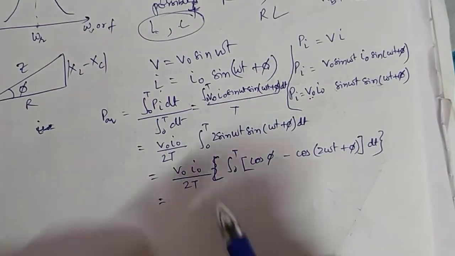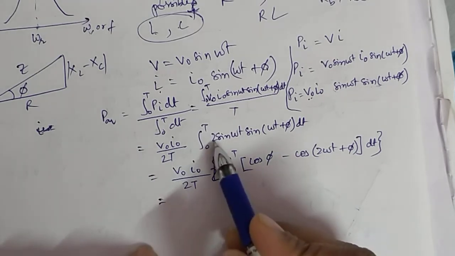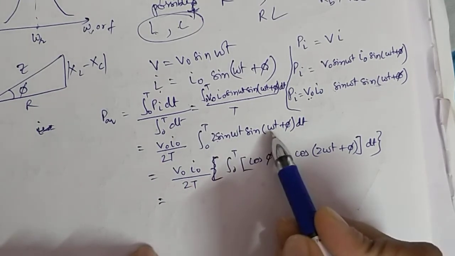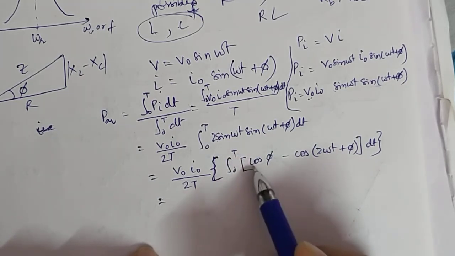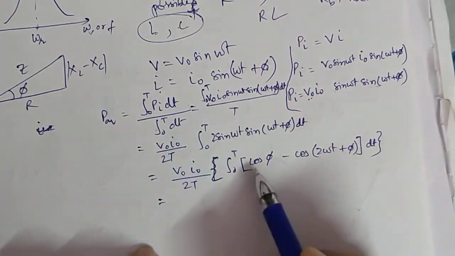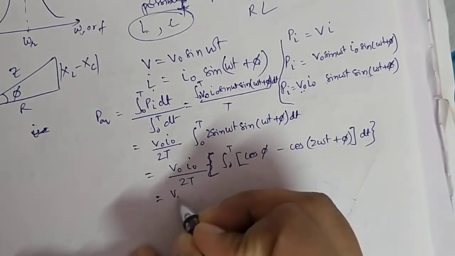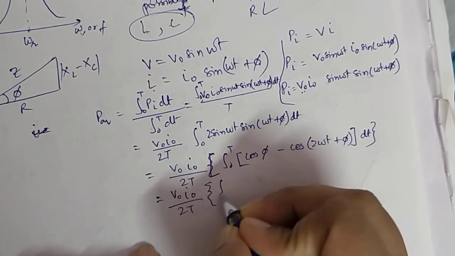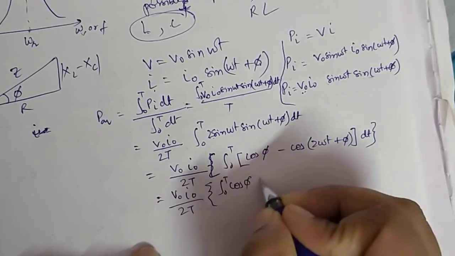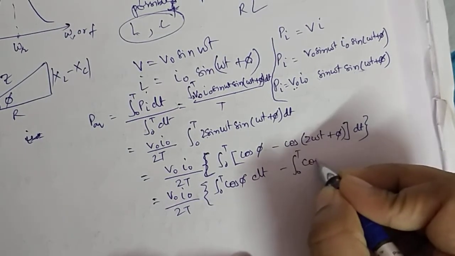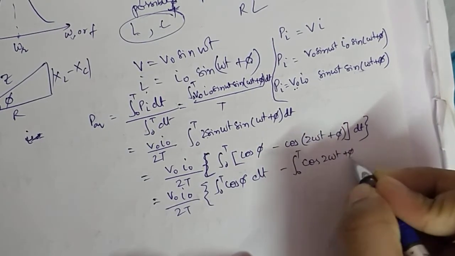So here V0 I0 by 2T, and I can use the 2 sin A sin B formula with 2 sin omega t plus phi times sin omega t, and from that we get cos phi minus cos 2 omega t plus phi, into dt. When I open this bracket, what I get is V0 I0 by 2T, and one term is the integral from 0 to T of cos phi dt, and minus the integral from 0 to T of cos 2 omega t plus phi dt.